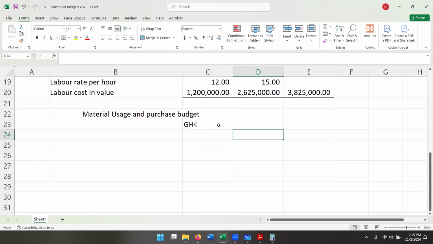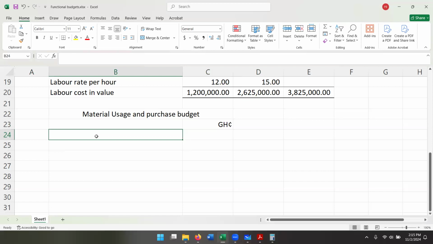So we have our cedi sign. So let's start. We start with the material usage.